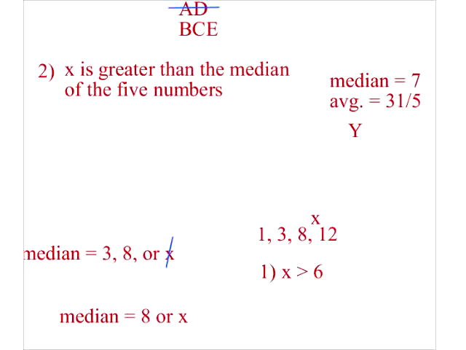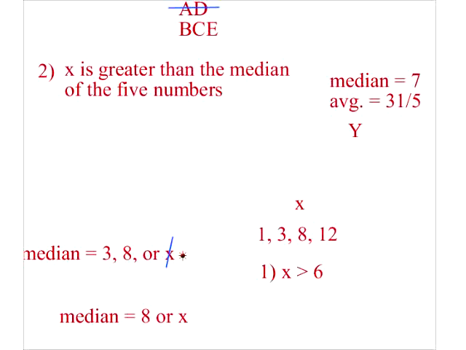Could it still be 8? Knowing that we have to put x somewhere bigger than the middle number. Yeah, we still, 3, 8, or x has to be the median. We can't say that those are all gone.